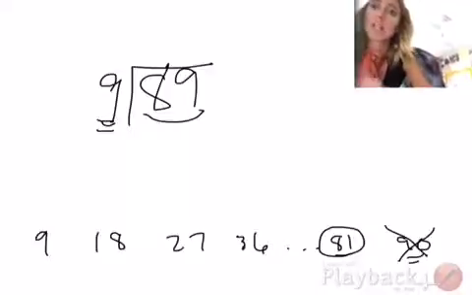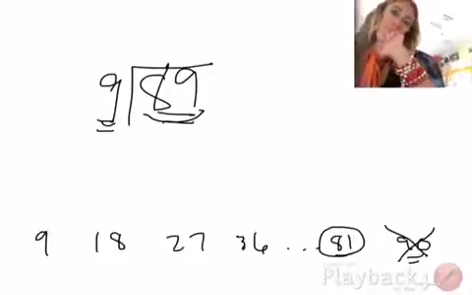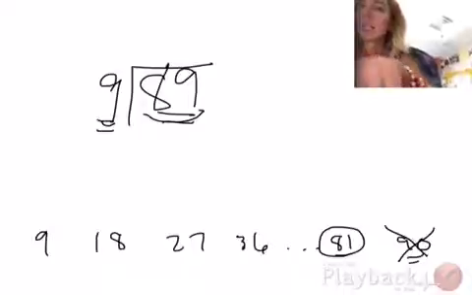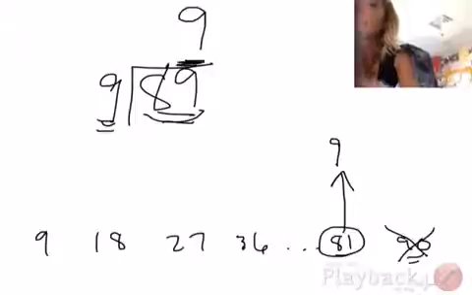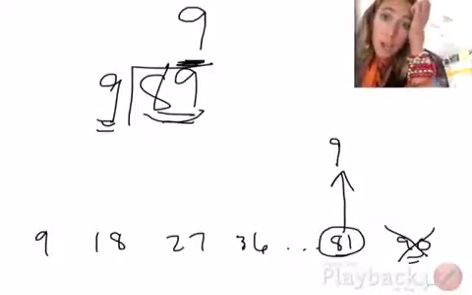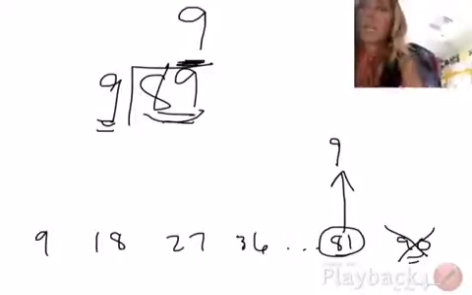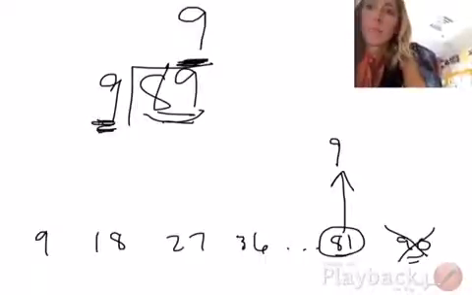We cannot pick a number that's more than this. So there are exactly, if we go up on the chart, 9, and I'm going to write this 9 above the last digit of the 89 because we're using the entire number. There are 9 groups of 9 in the number 89.